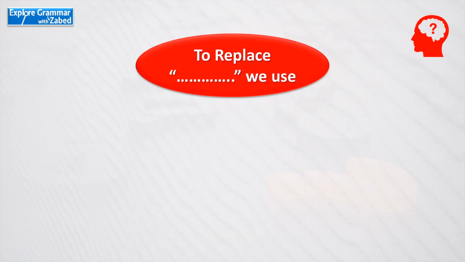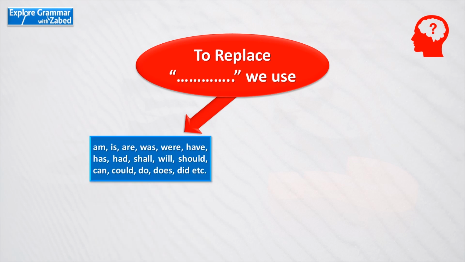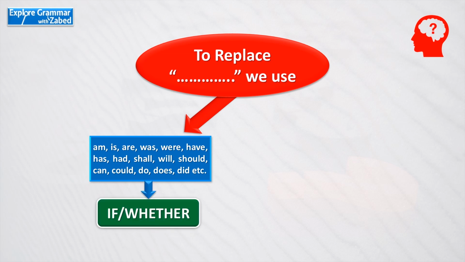When we remove inverted commas or quotation marks, we usually use the following words. In the beginning of an interrogative sentence, if you find any auxiliary verbs, for example, am, is, are, was, were, have, has, had, shall, will, should, can, could, do, does, did, etc., don't forget to use if or whether in the place of inverted commas.